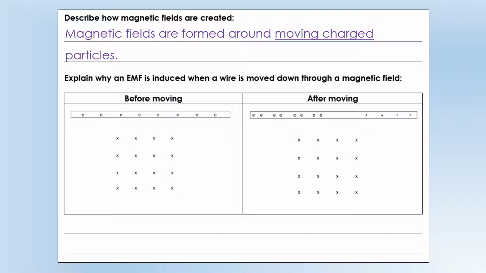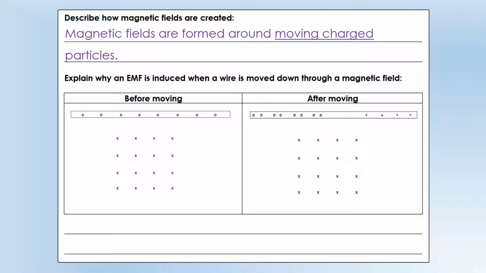Okay, so that's before. If we start the wire moving, suddenly what we've got are moving charged particles, which will have a magnetic field around them. And that magnetic field can interact with this magnetic field, and that's the source of electromagnetic induction.